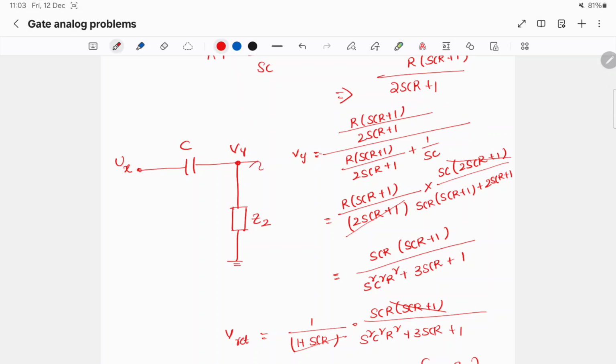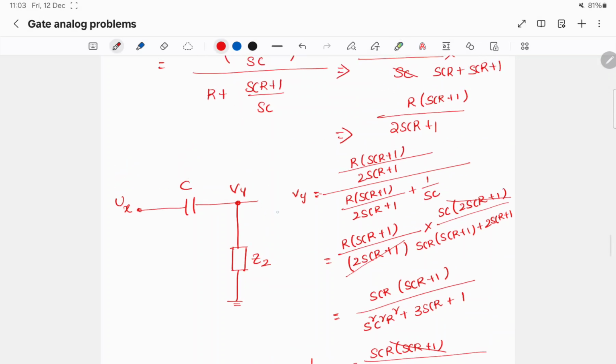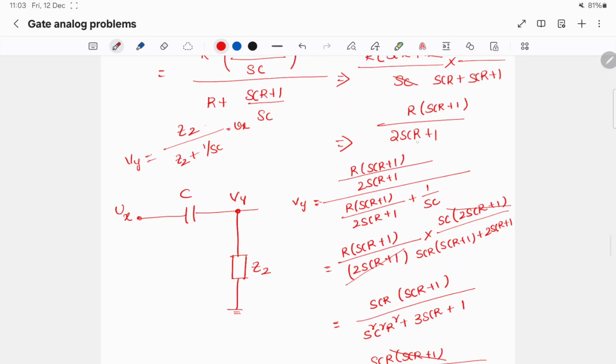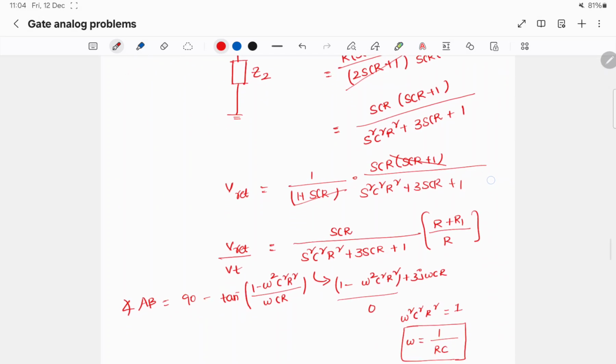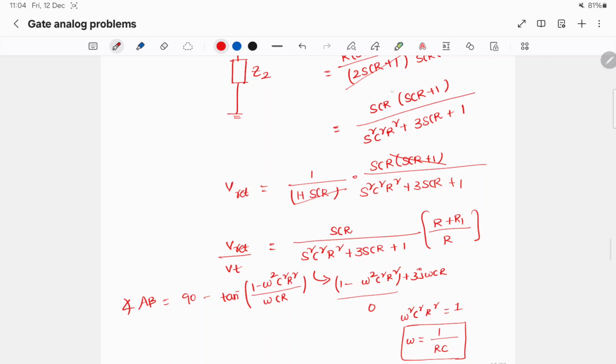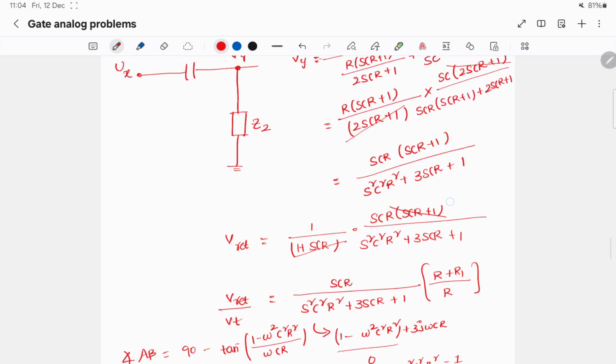So Vy is Z2 by Z2 plus 1 by SC into Vx. Z2 we got as R into SCR plus 1 by 2 SCR plus 1, with the same Z2 here plus 1 by SC. If we simplify this, we will get the expression SCR into SCR plus 1 by S square C square R square plus 3 SCR plus 1.